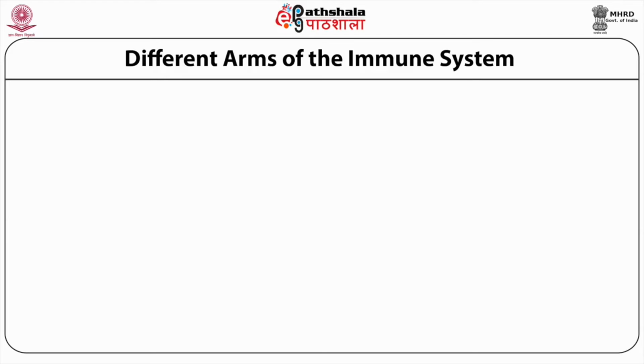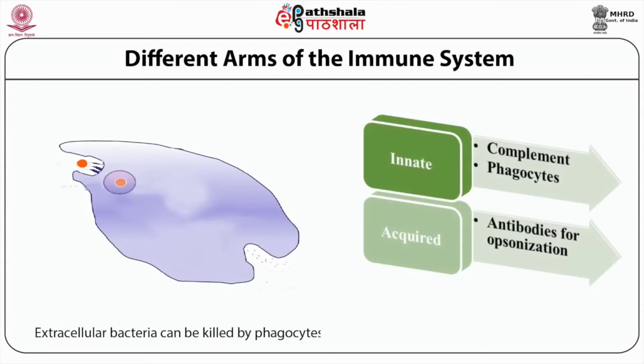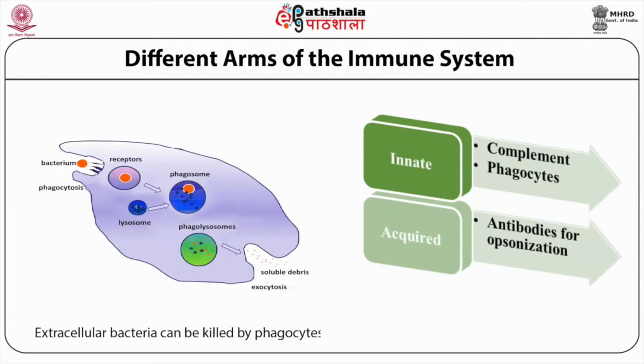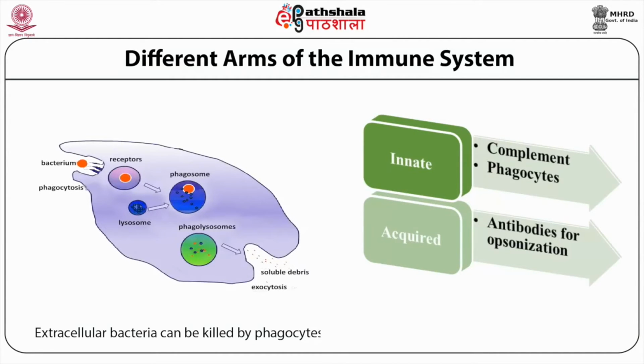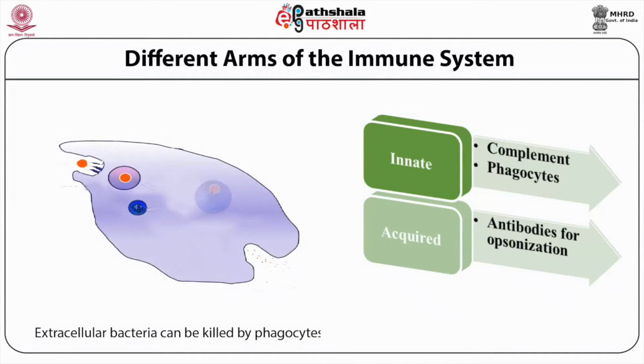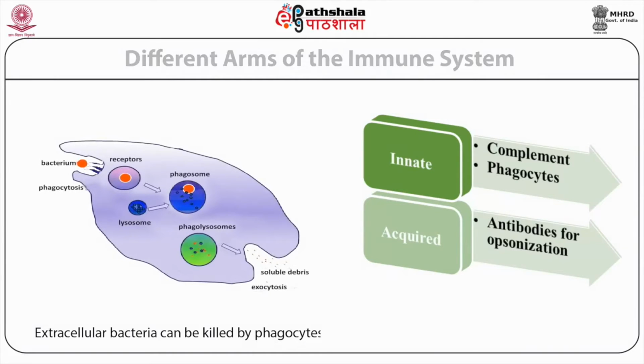By opsonization, we mean coating these pathogenic cells so that their phagocytosis is facilitated. What we see here is a clear illustration of the fact that we actually need multiple arms of the immune system to take care of the infecting organism.